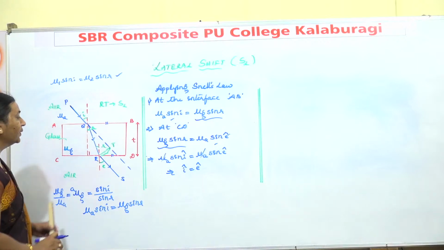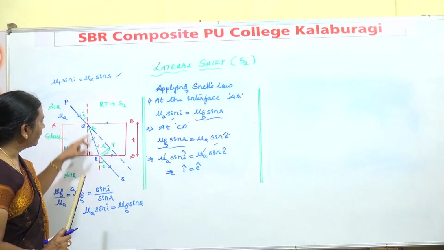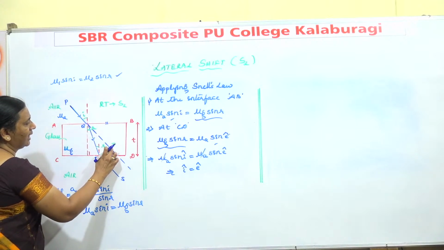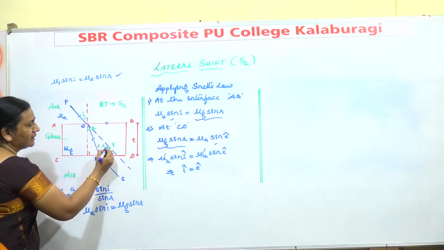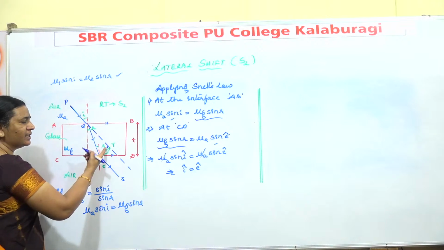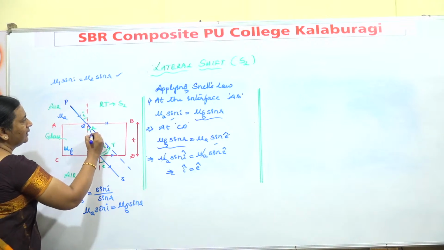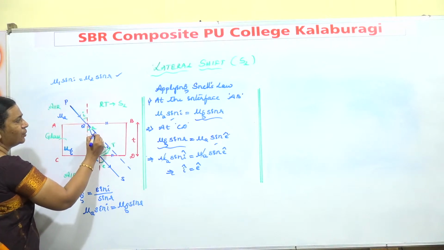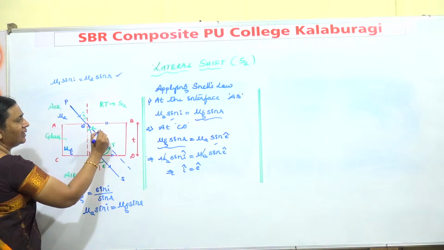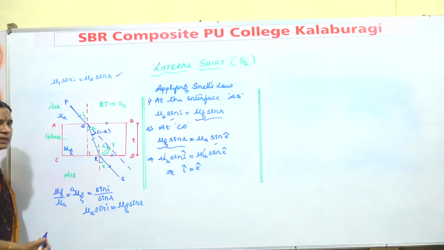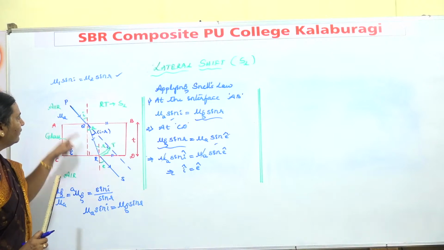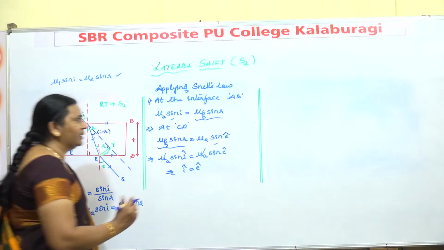So let us continue. What can I write from this triangle? From this particular triangle, if you take this RT, LS, since it's a perpendicular distance, this is a right angle triangle. This total angle is the vertically opposite angle i. Hence only this much angle becomes, children, i minus r. Observe carefully. Once again, redraw it a bit bigger and try to understand. So in the triangle QRT, I am writing here separately.